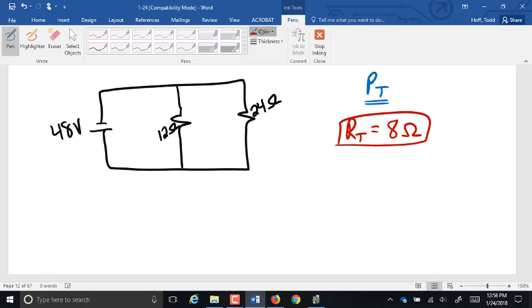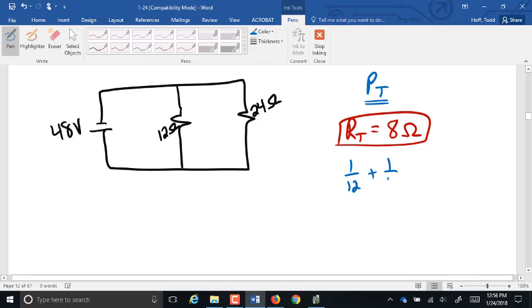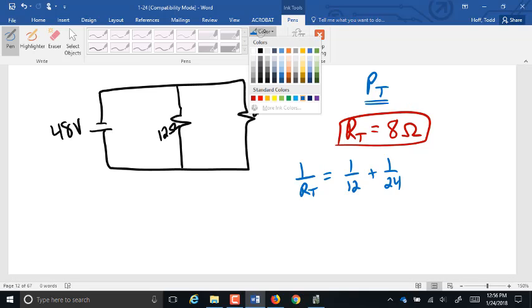Comes out to be 8 ohms, right? You could do 12 times 24 divided by 12 plus 24. That works. We did 1 over RT equals 1 over 12 plus 1 over 24. It comes out to be 8.